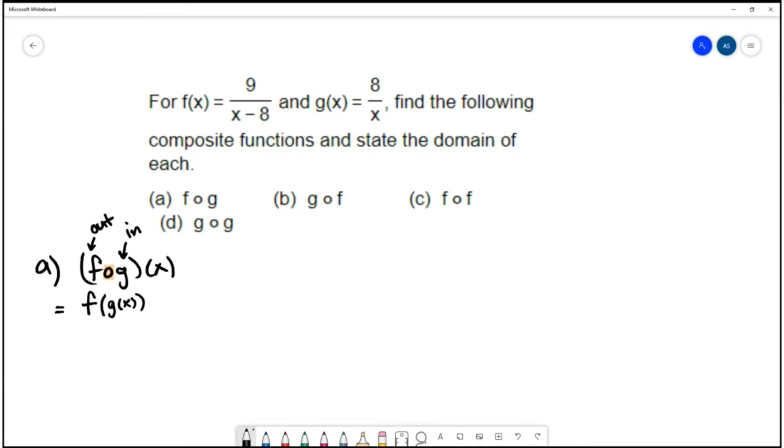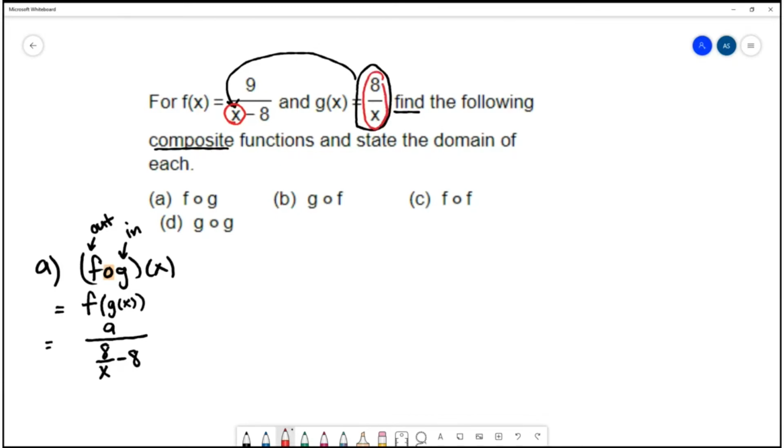And that's how we're going to find this composite function, by substituting the function g into the function f. So if we do that substitution, we would have 9 over 8 over x minus 8. So we've replaced that x with 8 over x.